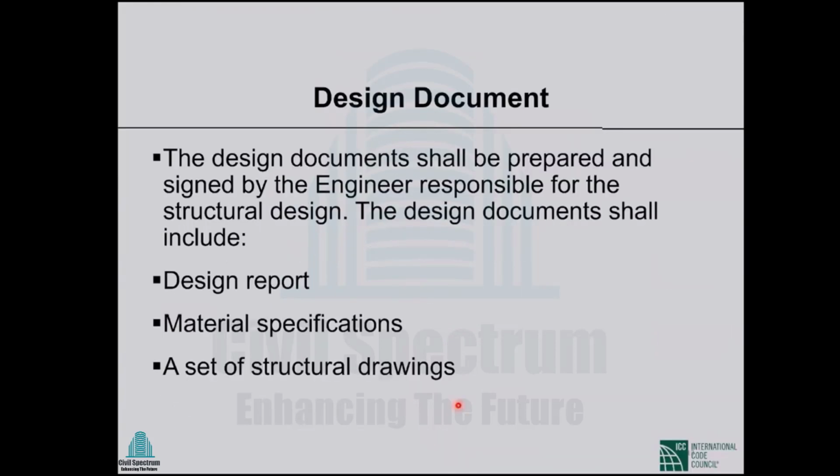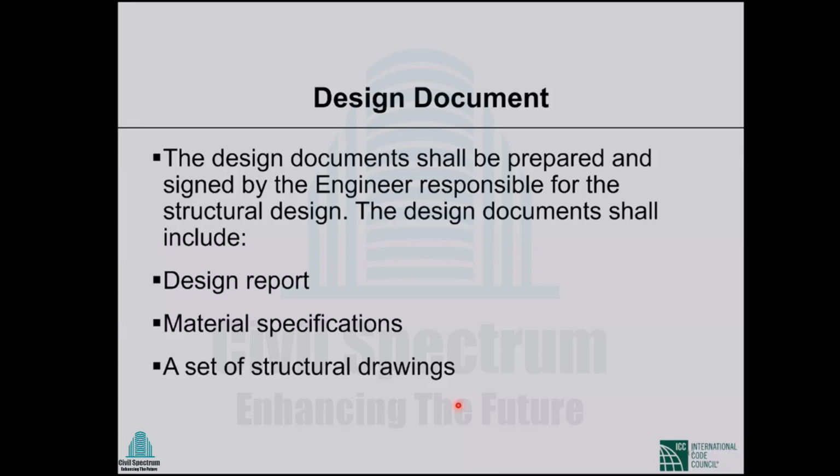Now, this is something that is quite often overlooked. That is in this chapter, chapter 1. It is related to the design document. That is, when we submit a drawing for approval, what are the documents that we are supposed to submit?